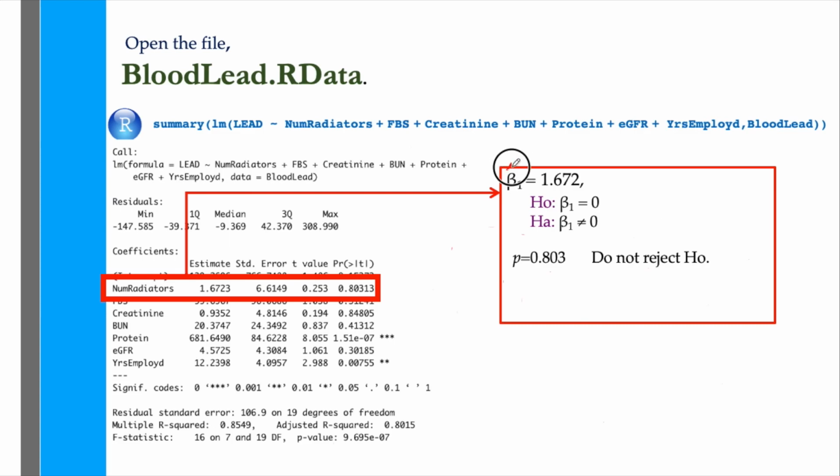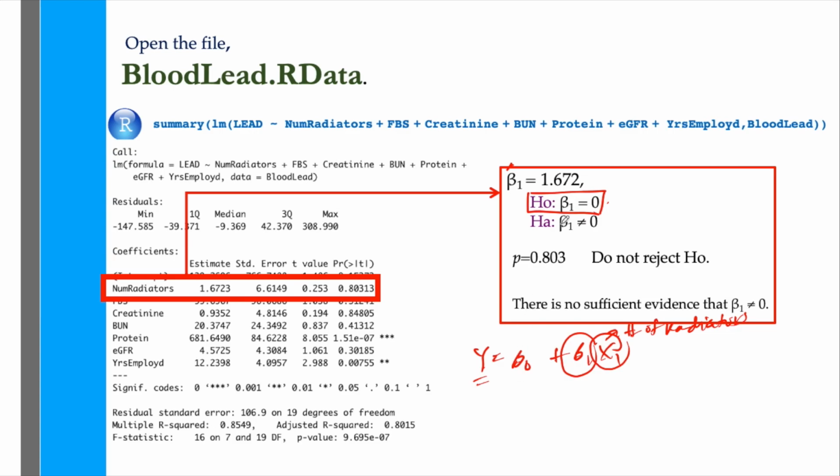Meaning, we're going to conclude in favor of the null hypothesis, which tells us that there's a reason to believe that your beta 1 is 0. Or in other words, if x1 is your number of radiators, no matter how much you change it, beta 1 is 0, so it will not change y. Which goes to show that the number of radiators is not a predictor of blood lead.